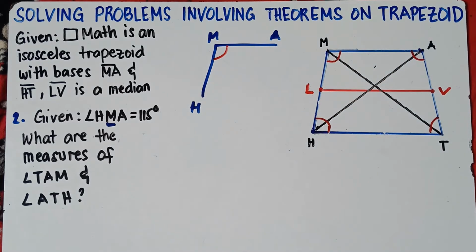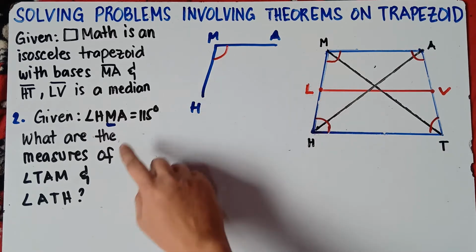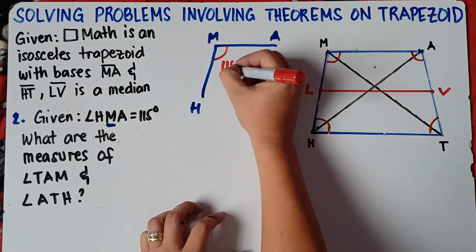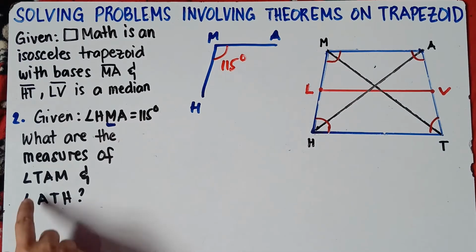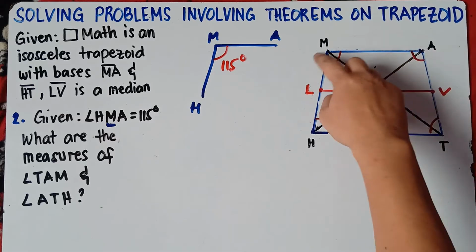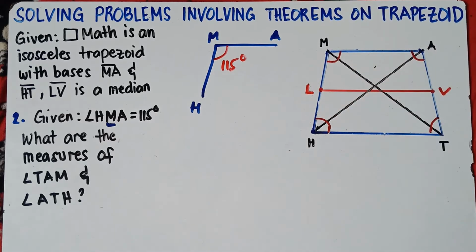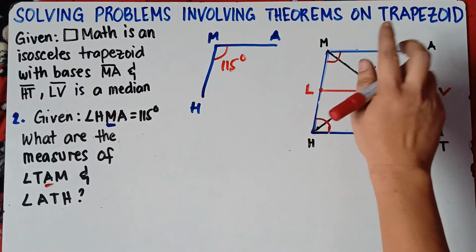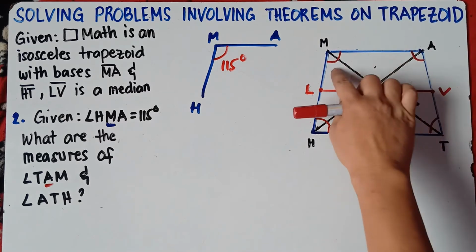Alright, we are looking for angle TAM. Angle HMA is given as 115 degrees. Therefore, angle A, once again in this middle part, must also be 115 degrees because upper base angles are congruent.